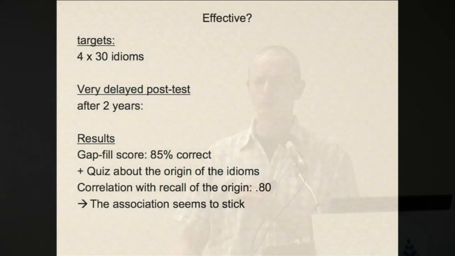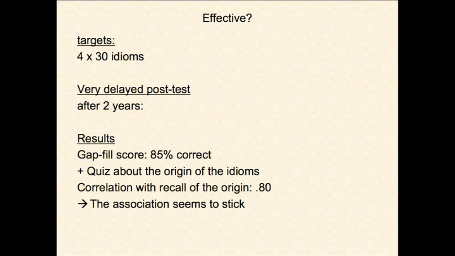We gave them the gap fill exercise again, just a gap fill exercise, and they scored 85% correct on 120 idioms, which we thought was quite good. We then also quizzed them about the origin of the idioms, and we found a correlation of 0.8. So if they remembered the origin, they remembered the idiom, which seems to be indirect evidence of this dual coding association thing. Okay?